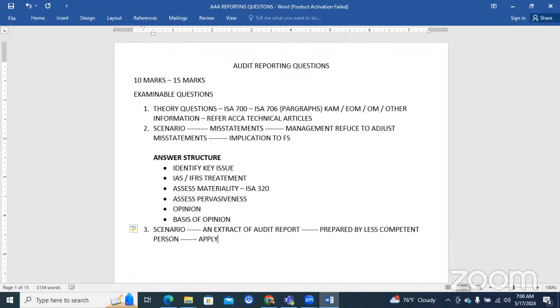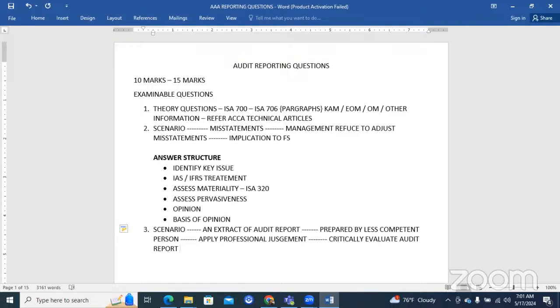They request you to apply your judgment and critically evaluate the audit report.